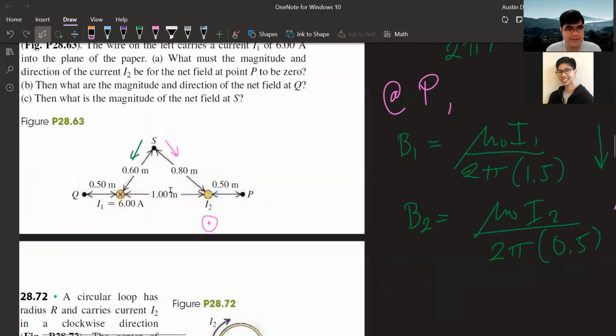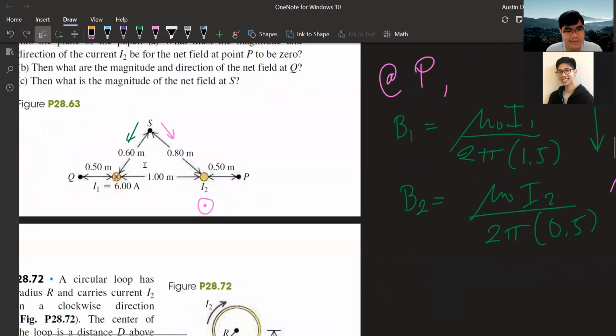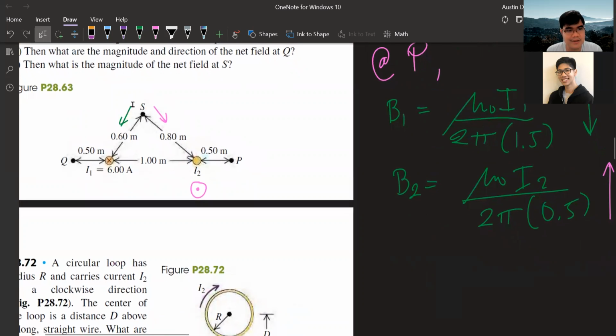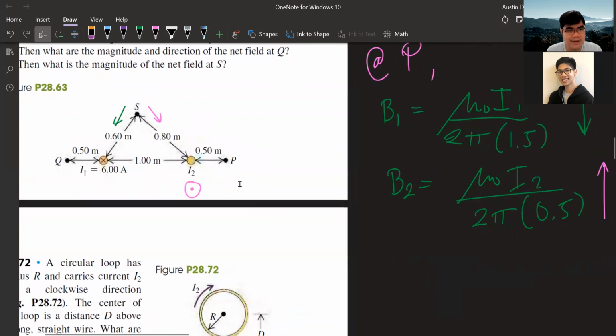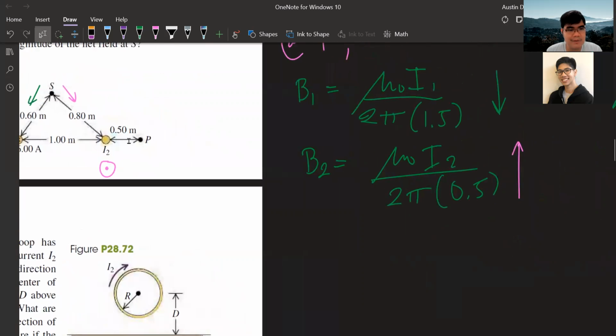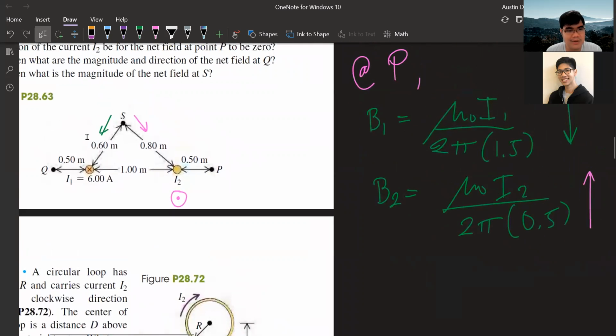Okay, so first things first, we need to know the angle between those two vectors. One points this way, the other this way. We have the values of the lines connecting the triangle: 0.6, 0.8, 1. So given that, you might want to use your law of cosines.